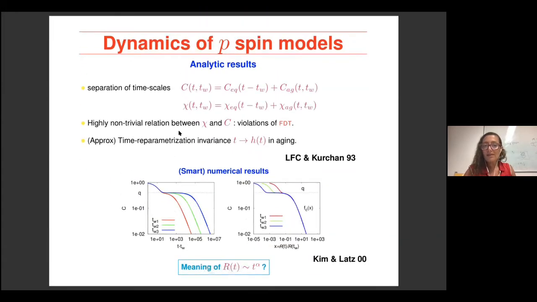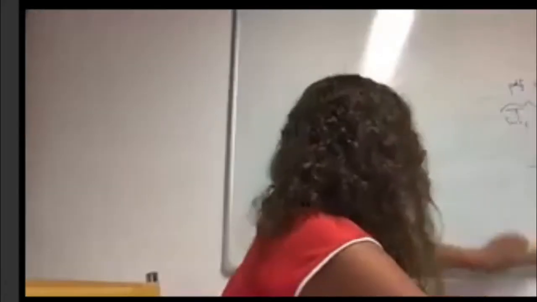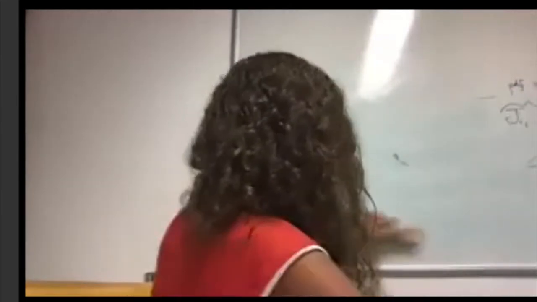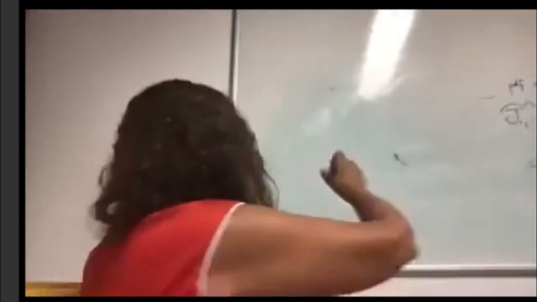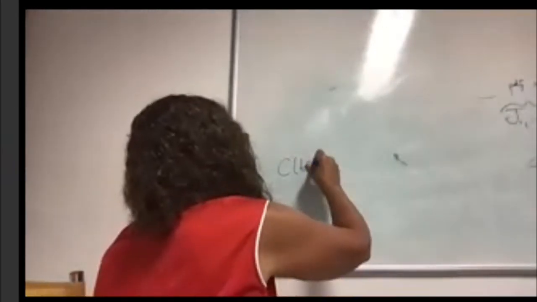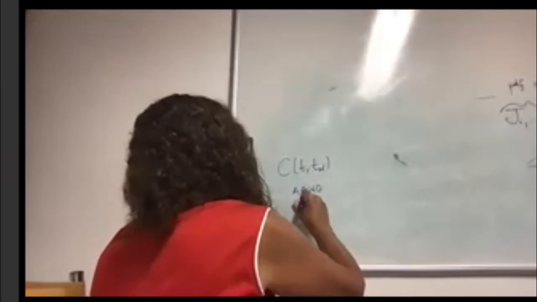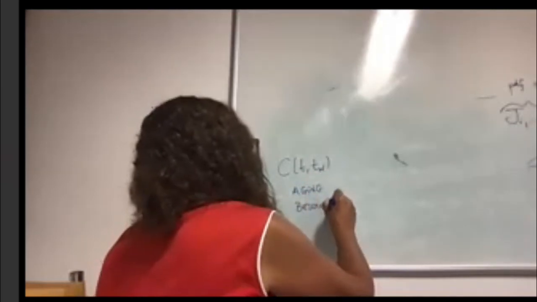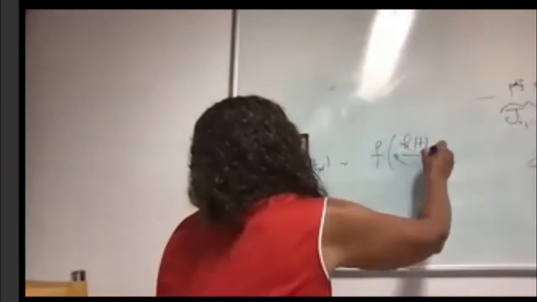once you've dropped the time derivative in these equations to deal with the behavior, what you can show rather easily is that the correlation function in that regime, so in the aging regime below Q, will be a function of h of t over h of t_w.